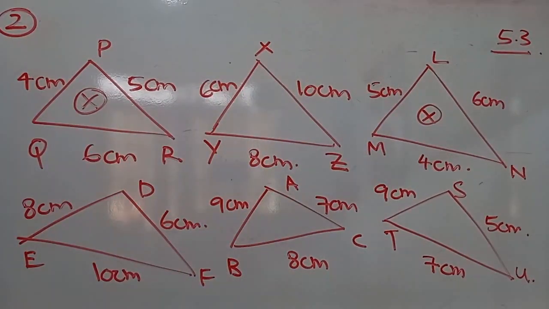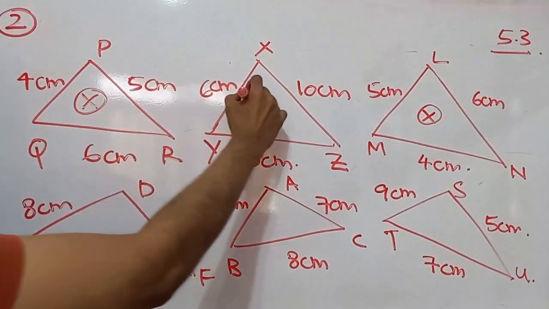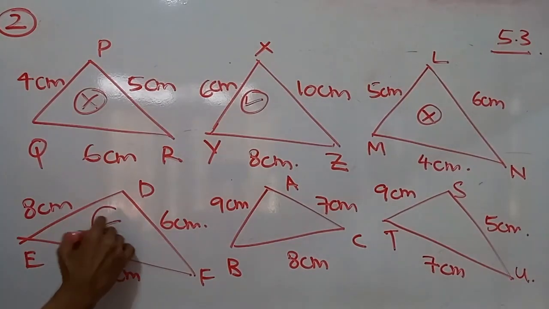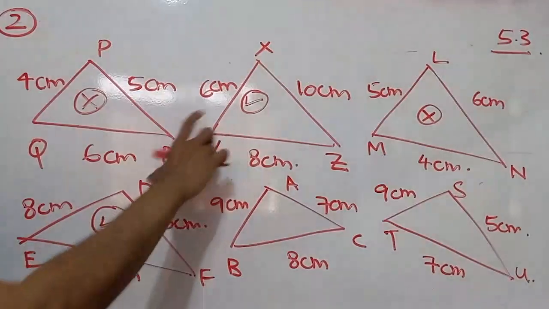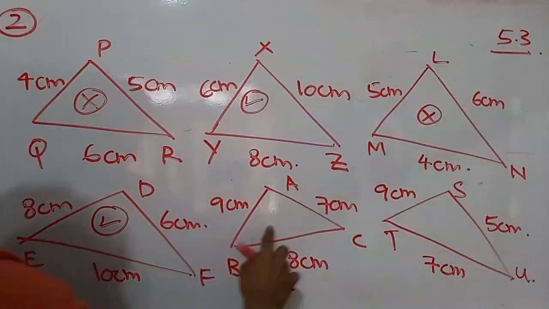Right. And if we take XYZ triangle and DEF triangle, we can say that when we compare these two triangles there are similar sides. Their sides are equal. But with these two, it's not like that.